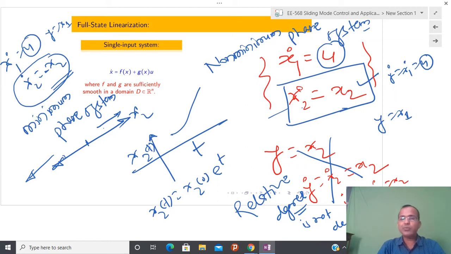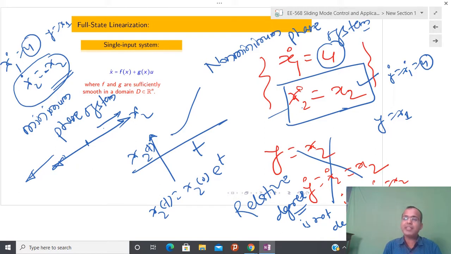So let us first summarize today's lecture. What we have seen: I have some system, particularly a single input, single output system, and if I know my output and the output is well behaved, then it is possible to show that with the help of the output and its higher derivatives, I can design the control such that I am able to control the original nonlinear plant.